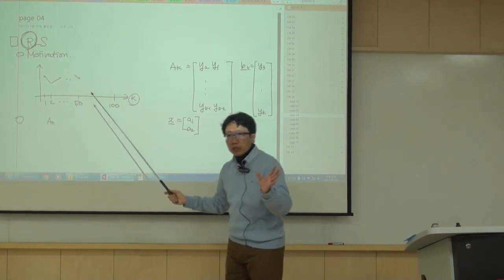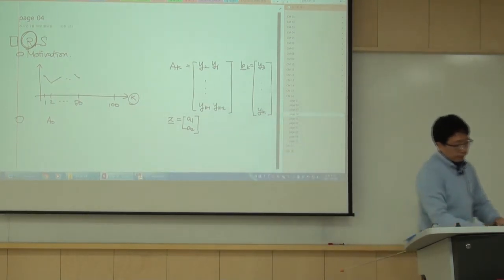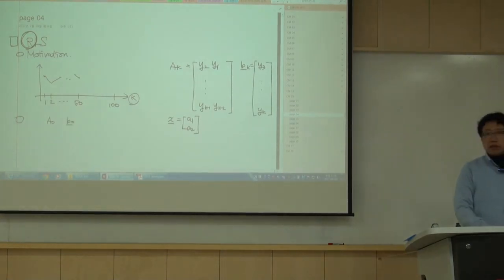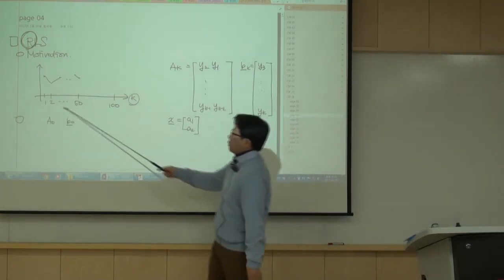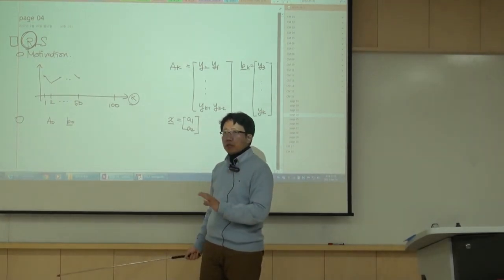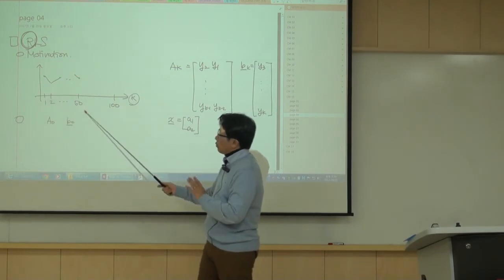So the previous one. Now B0 is the vector obtained from this one. Anyway, we need some initial computation. So suppose we have this initial one.